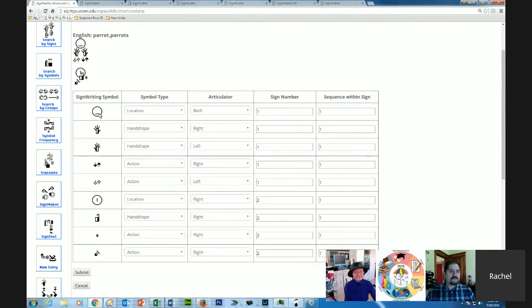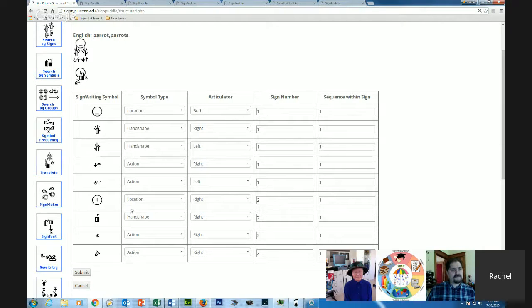That's the face with that little mark, which means basically chin area. And both hands are going to be contacting or near that location. And then next you see a handshape. Which hand is it? It's the right hand. And then down below you see the reversed orientation and mirror orientation, and that's the left hand. Now then we have two actions. One action is for the right hand going up and down, and the other action is for the left hand going up and down.